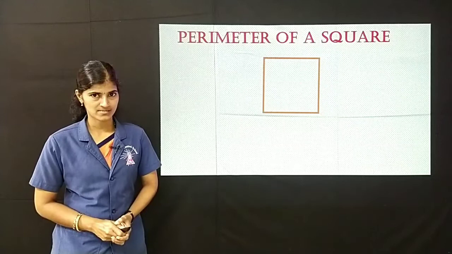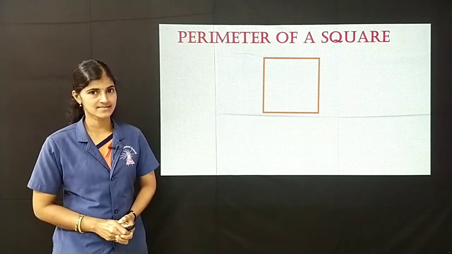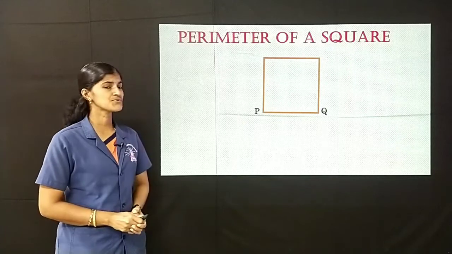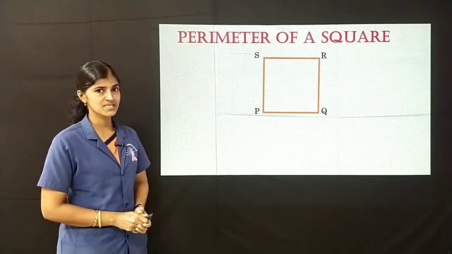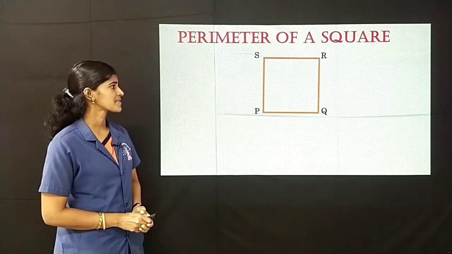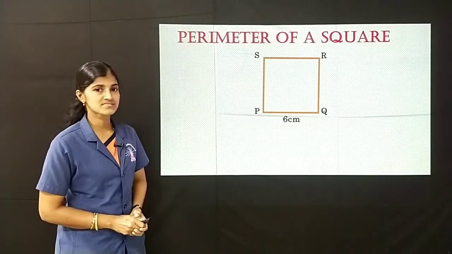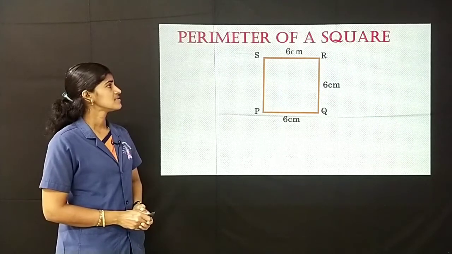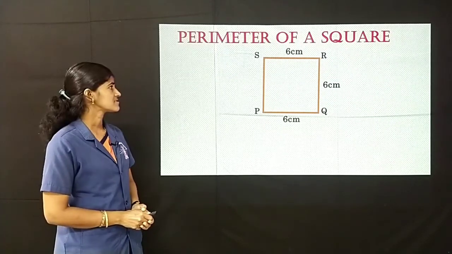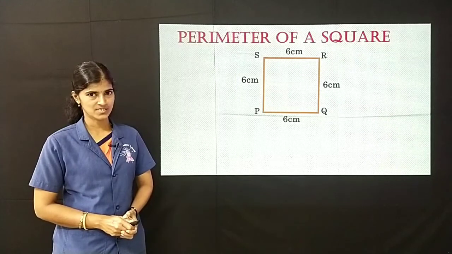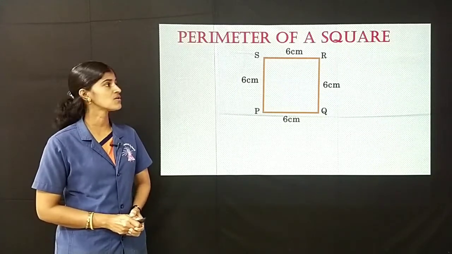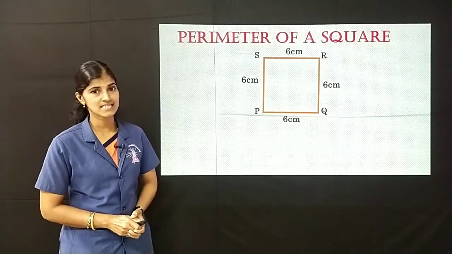Then, perimeter of a square. What do you mean by a square? Let us understand that. Here is a square P, Q, R and S. PQRS is a square with length PQ 6 centimeter, then QR 6 centimeter, RS 6 centimeter, then SP 6 centimeter. So by looking into the length itself, you can make out all the sides are equal.